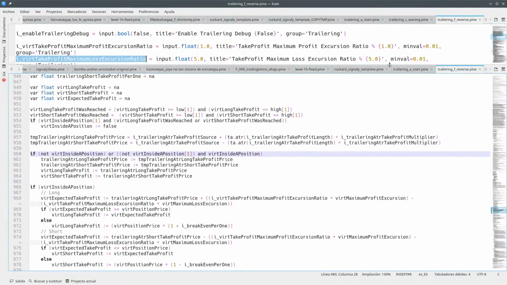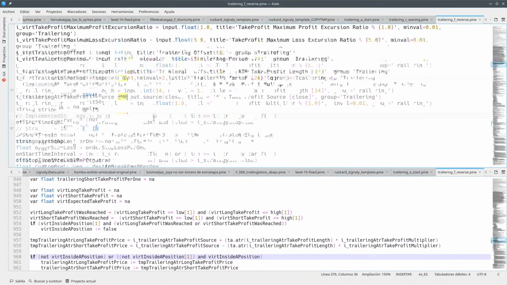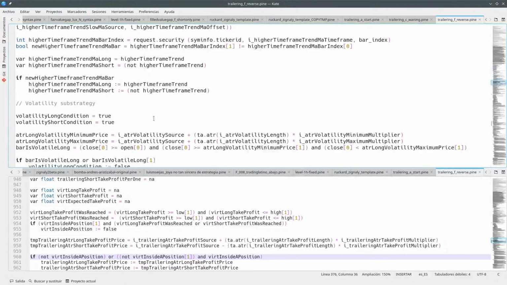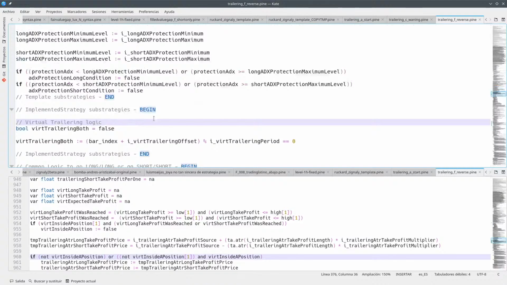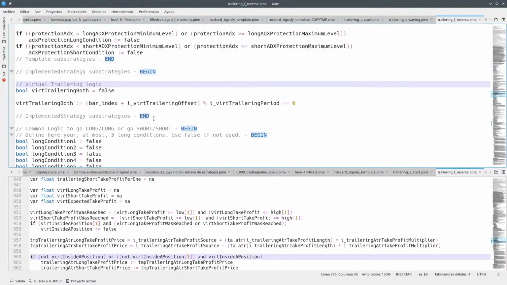Okay, so what I'm going to do is move the super strategy that we have here, and so by default this is true.